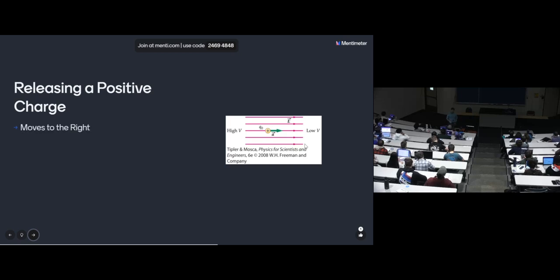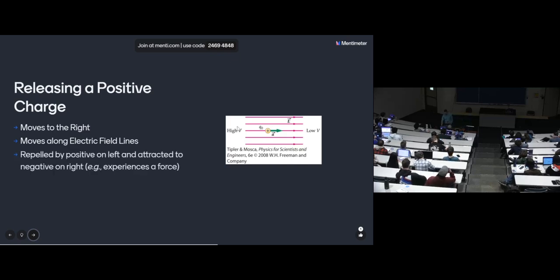Whether I say it moves to the right because it's moving along the electric field lines, right? A positive charge follows electric field lines. Therefore, it moves to the right. Or I could say that the positive charge is repelled by the positive charge here on the left-hand side, and it is attracted to the negative charge on the right-hand side. Same statement.